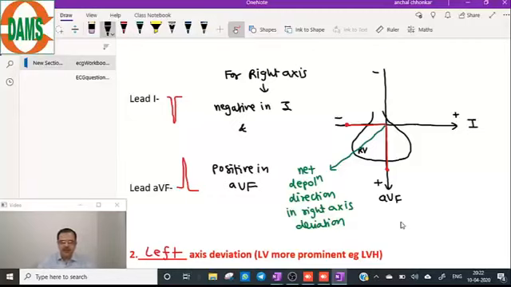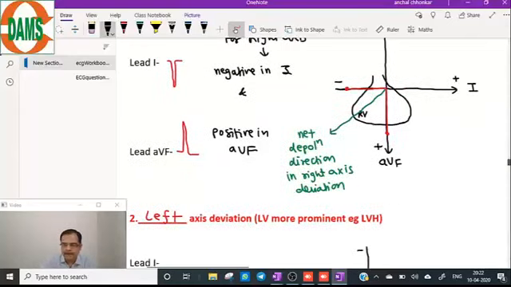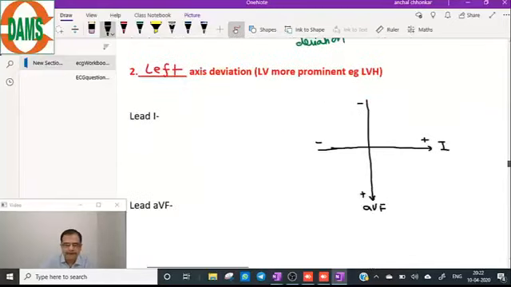Now come to the left axis deviation. This is left axis deviation. Left axis deviation means the voltage is shifted in this quadrant like this.